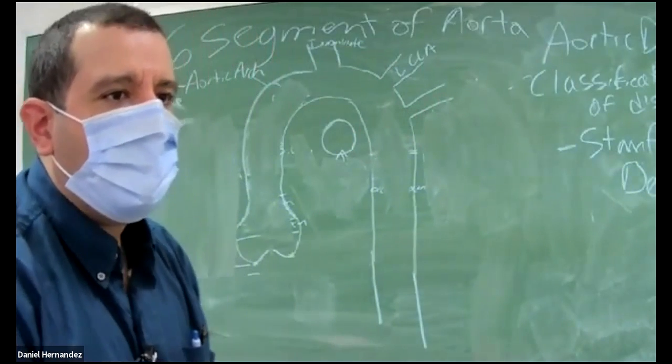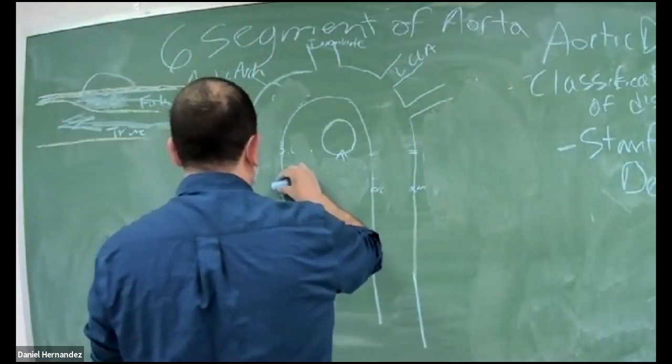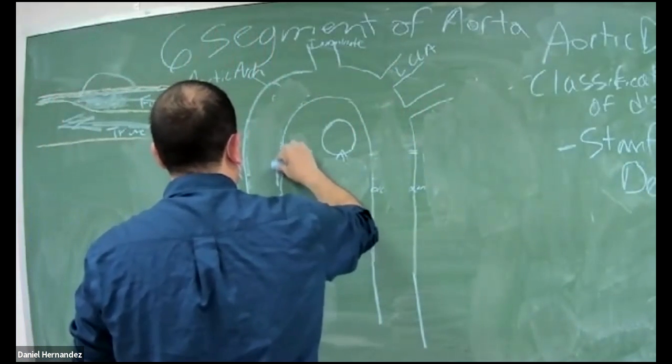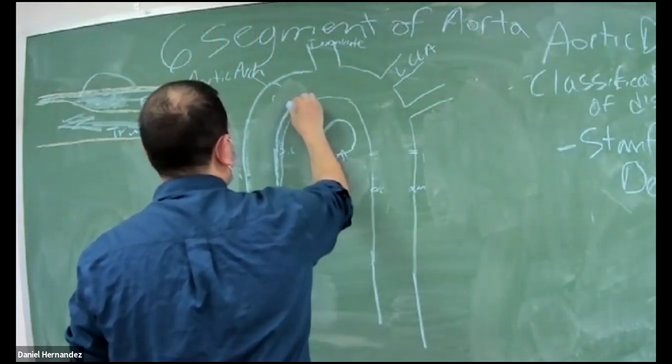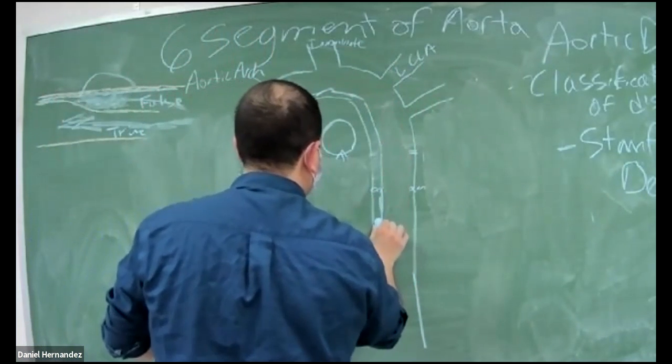All right, so I'll do a DeBakey type 1. DeBakey type 1 is going to involve the ascending, the arch, and the descending.